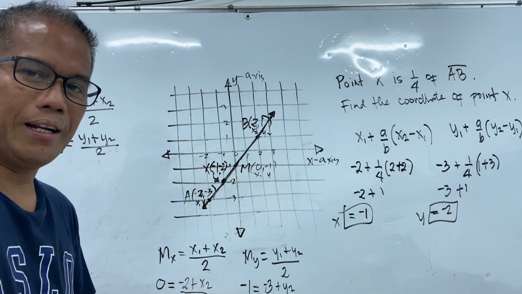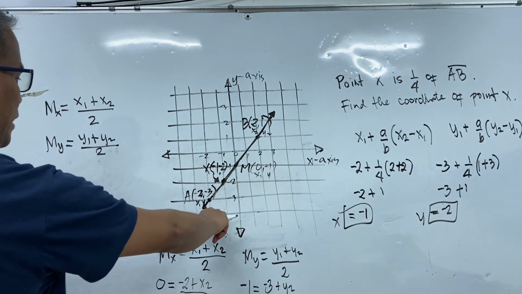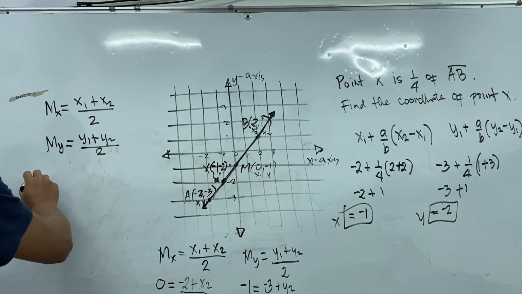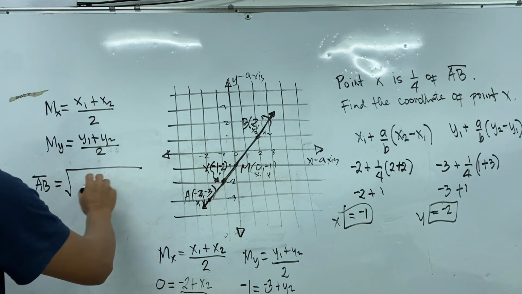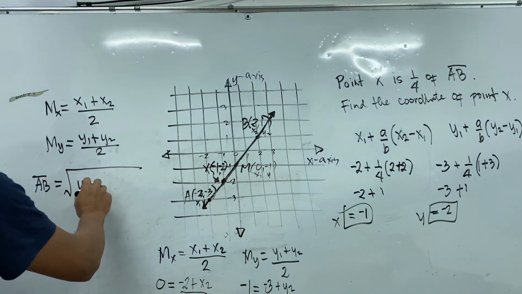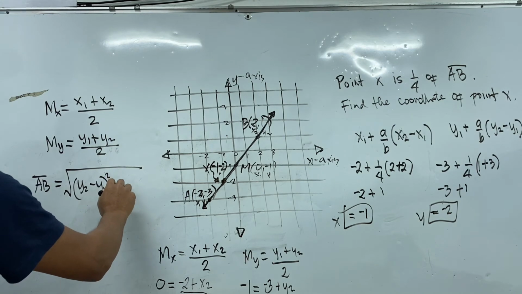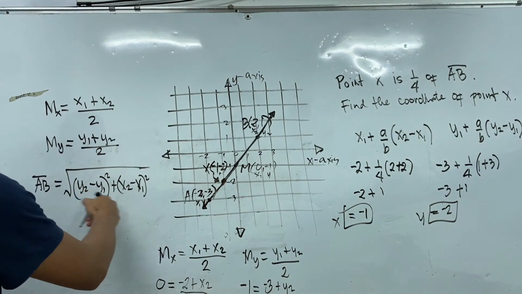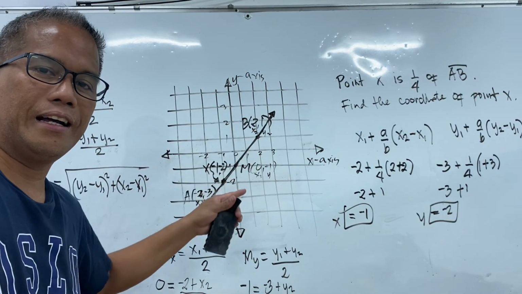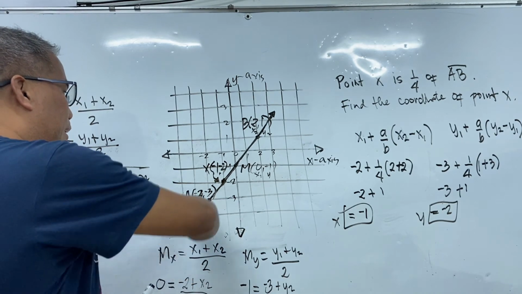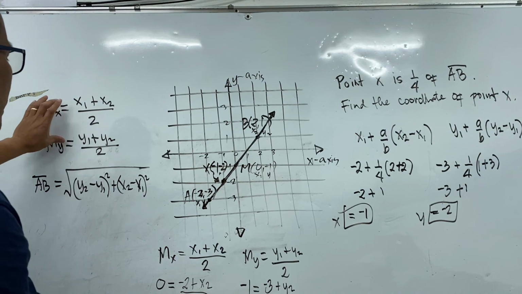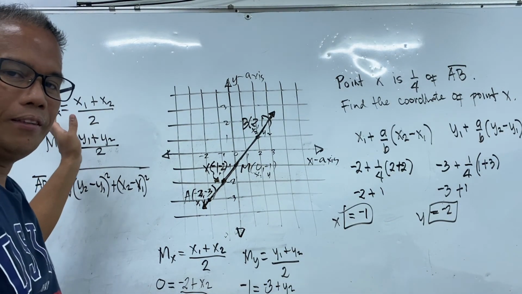And to find the distance between segment AB, you can use this formula. Segment AB is equals to the square root of Y sub 2 minus Y sub 1 raised to 2 plus X sub 2 minus X sub 1 raised to 2. So this is the distance formula. If you are going to find the distance of segment AB, use this formula. To find the coordinate of the midpoint, use the midpoint formula.